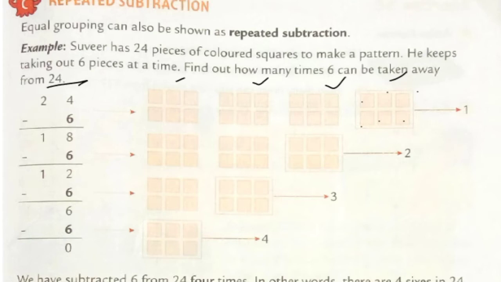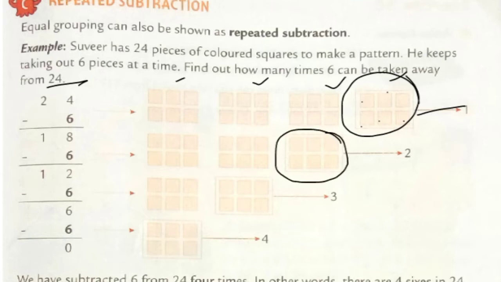So let's find out. These are 24 tiles. He has taken out the first set of 6. 24 minus 6. Then he is left with 18. Now again he has taken out the second set of 6. Now he is left with 12.